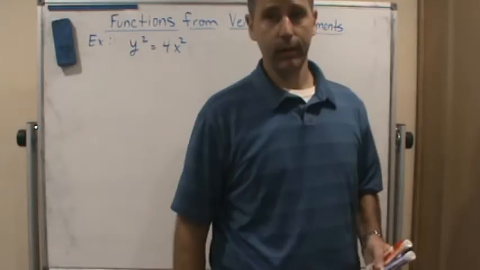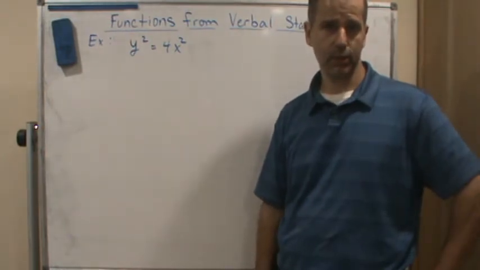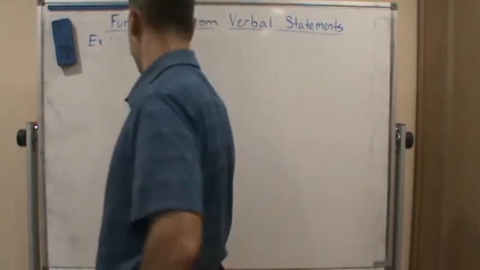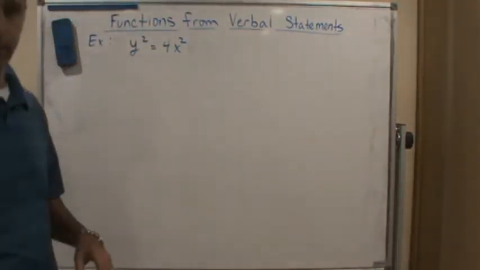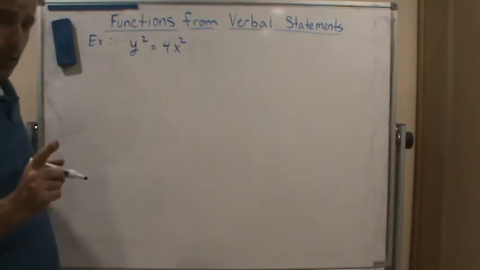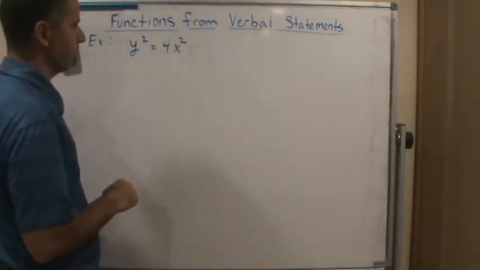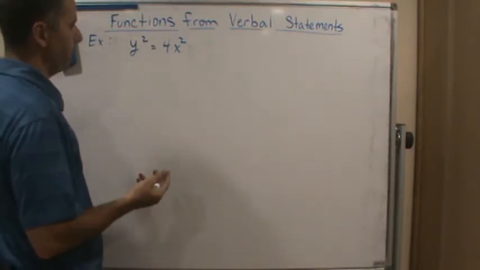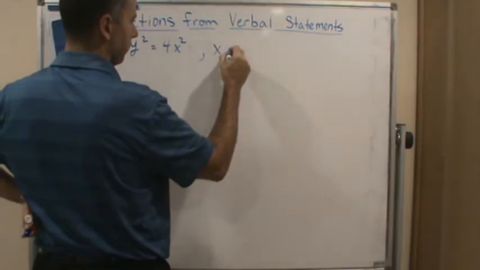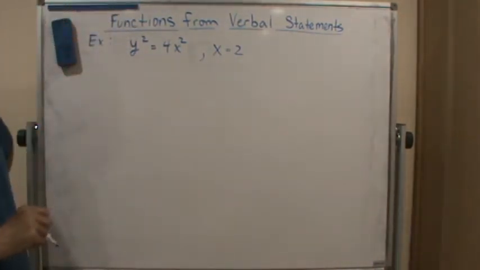Okay, so let's talk about this particular expression here. Notice that I have y squared is equal to 4x squared. Now I just want to take a moment to realize that if you put in x equals 2, what's going to happen here?